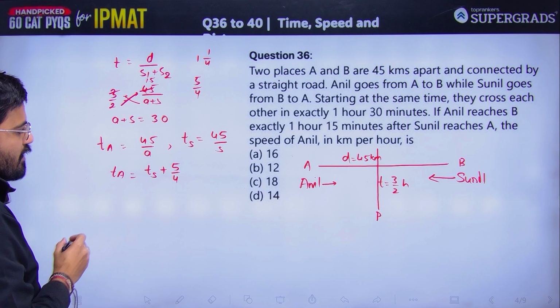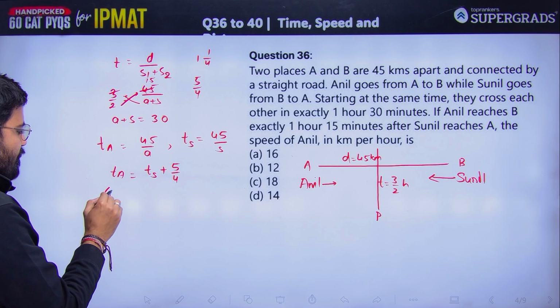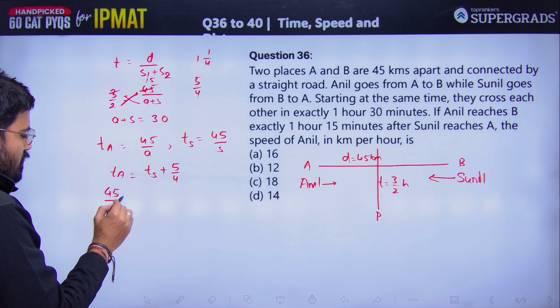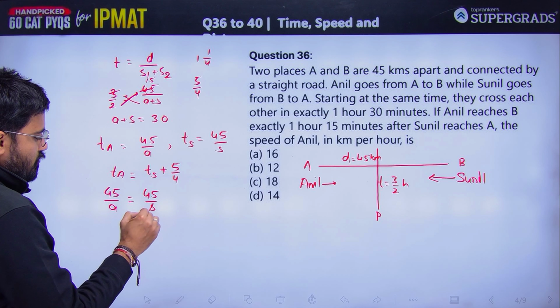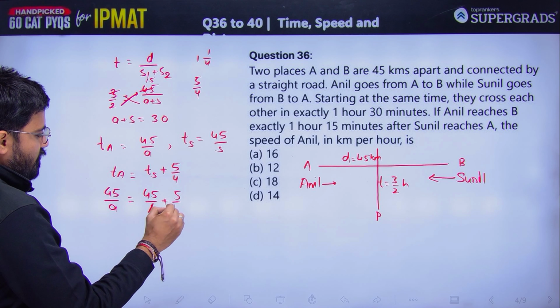So 45 upon A is equal to 45 upon S plus 5/4.